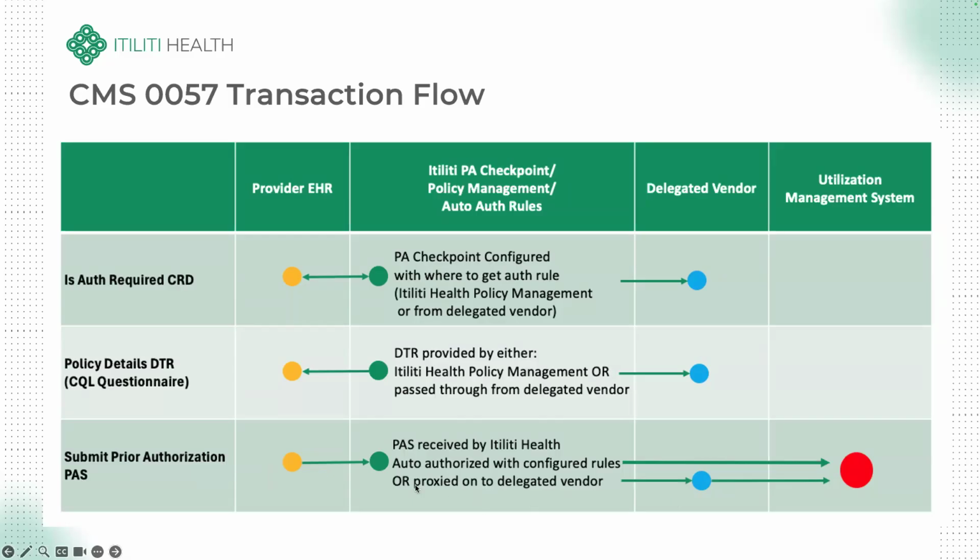Or we can proxy that prior auth submission and send it on to the delegated vendor or third-party tool, and they can then send that transaction on to the utilization management system. The reverse flow for the PAS answer can either come through this chain of connections or directly through to Itiliti Health. And this is why we spent so much time on the details of these transactions. I hope it helps to explain how these transactions get routed to the right destination and the fact that there's a little bit of flexibility here.